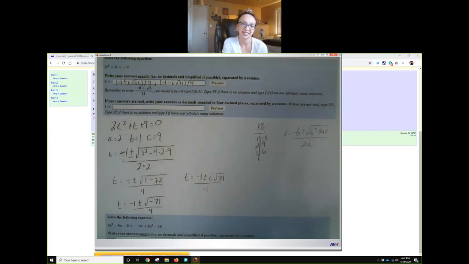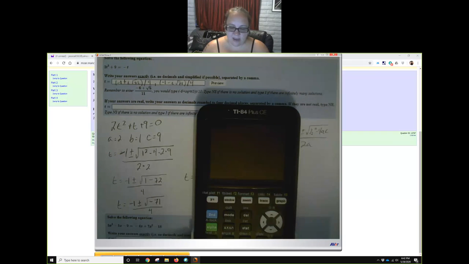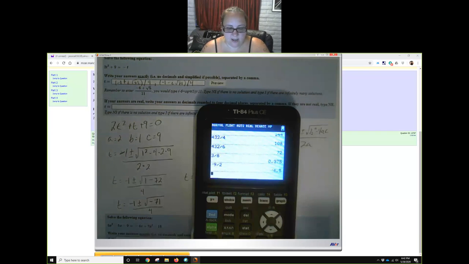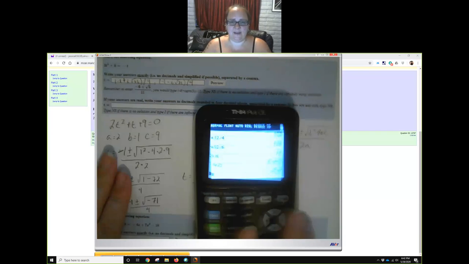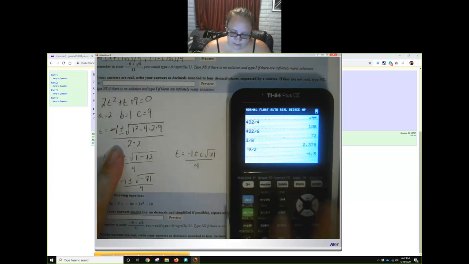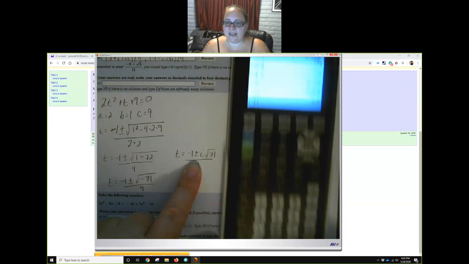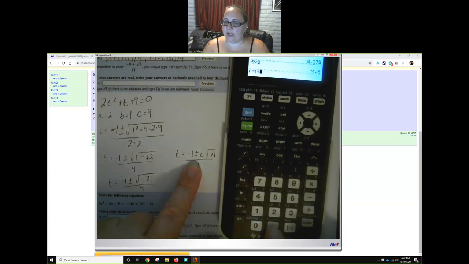Anyway, so then if we're putting this in our calculator, was that your question, Annalisa? Yeah. So if we're putting this in our calculator to get a decimal approximation, I'm going to put my parentheses, negative 1 plus, and then the i is right down here, second, and then your decimal point. See it?